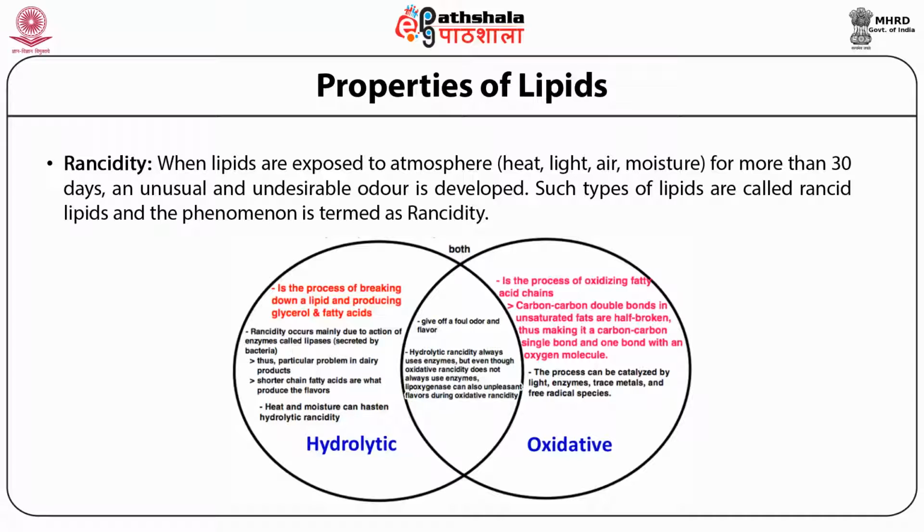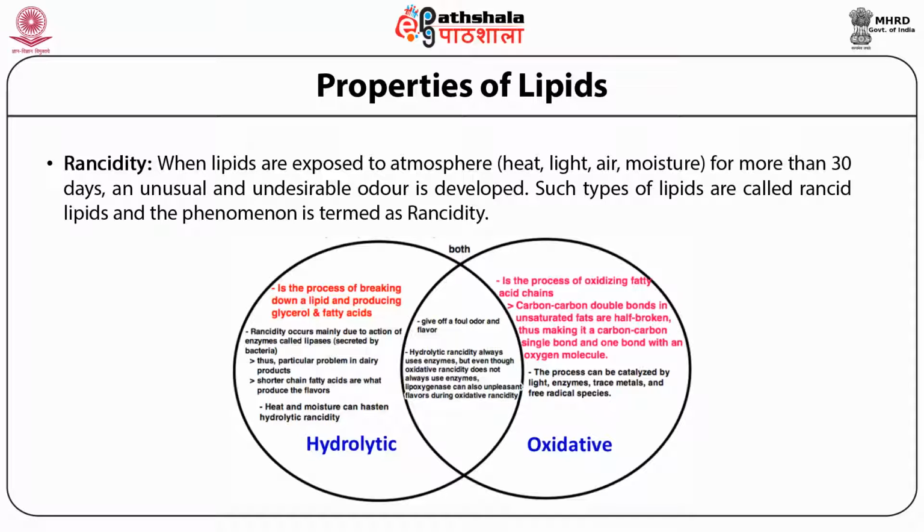Rancidity may be of two types: hydrolytic rancidity or oxidative rancidity. Between these two, there are some common features, like a foul odor and flavor present in both hydrolytic as well as oxidative rancidity.